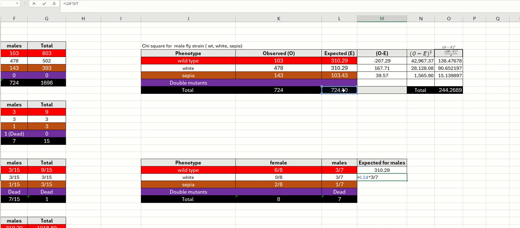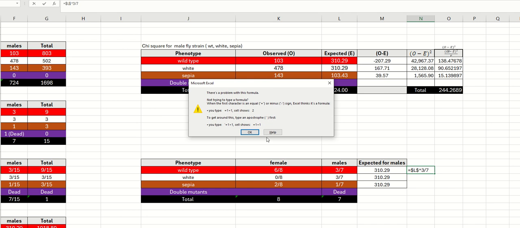If you don't want to have to move this all the time, you can fix it by column or by row by adding this dollar symbol, and here you can multiply by 3 to 7.